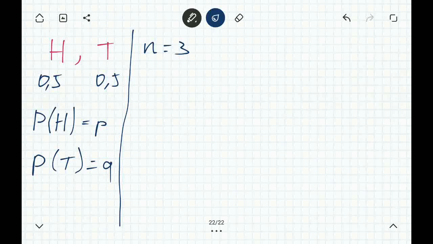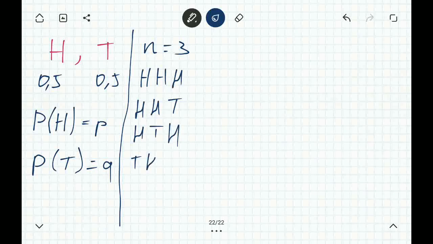So anyway, so we are tossing 3 coins, and we can have different outcomes, right? So we can have something like heads, heads, heads, or we can have heads, heads, and tails, or heads, tail, and heads, and so on and so forth.